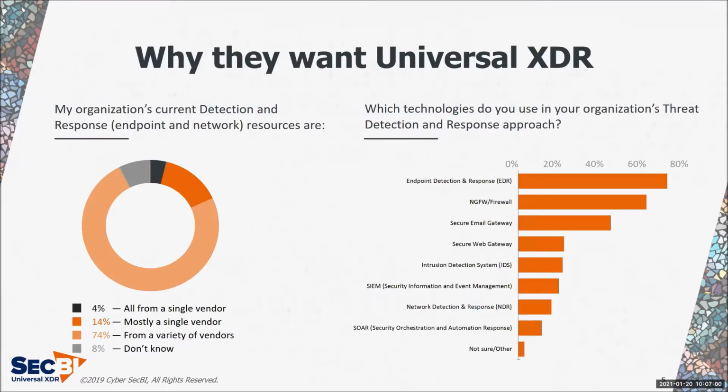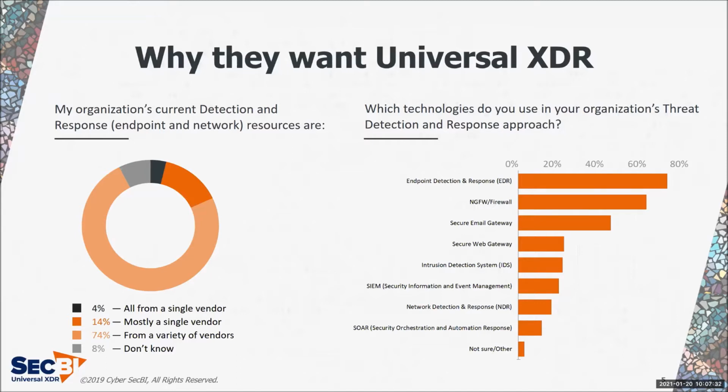And if you look at whether the approach should be a universal XDR or a single vendor XDR, it makes excellent sense to develop a universal XDR simply because 96% of the organizations worldwide are using either best of breed or solutions from several vendors. Our universal XDR is supposed to give them a better approach.